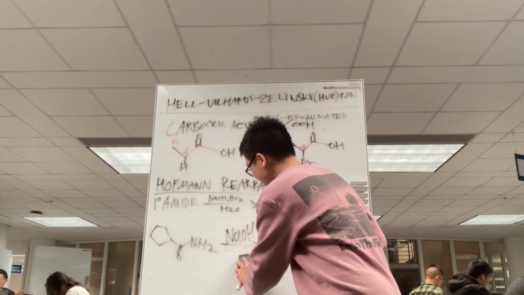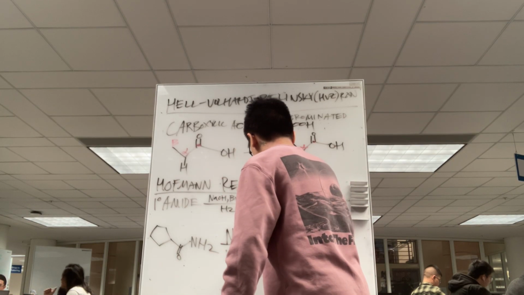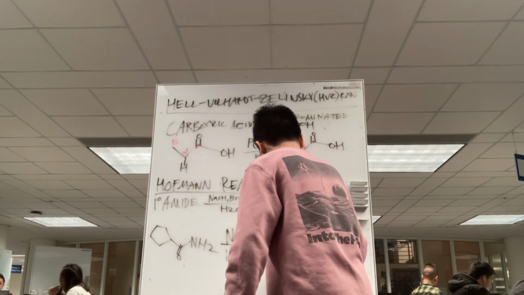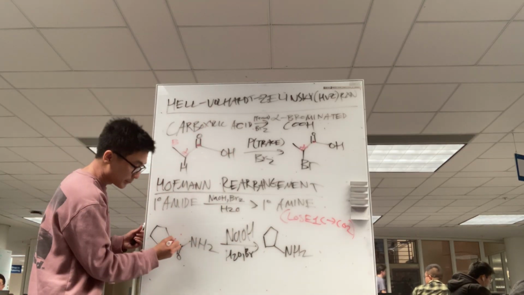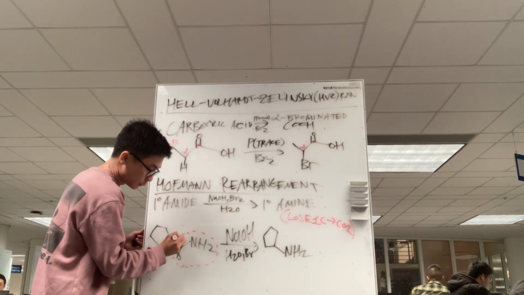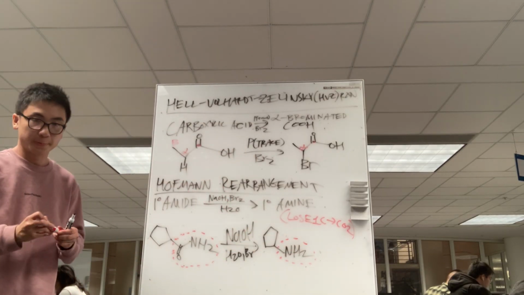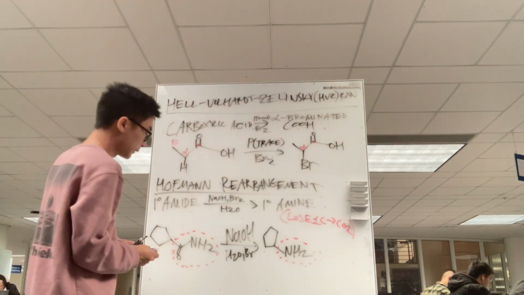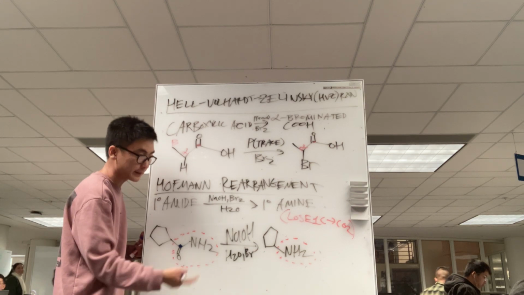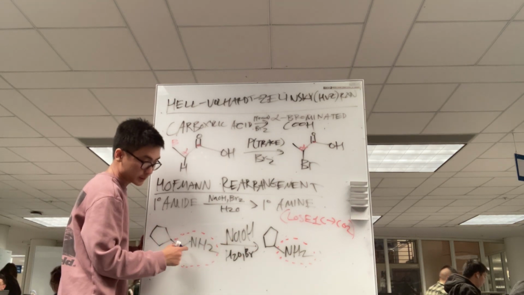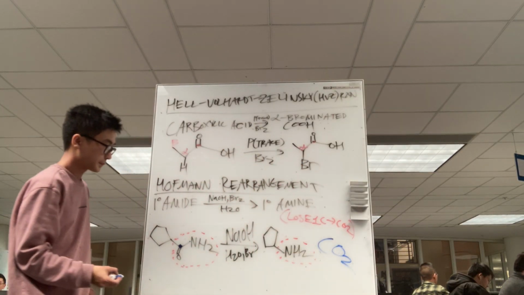NaOH, Br2, and water. I'm going to get this product right here, where this entire primary amide will be transformed into this amine right here. And we see that this carbon of the amide is gone. It's not there anymore in the product. That carbon right there went away in the form of carbon dioxide, CO2.